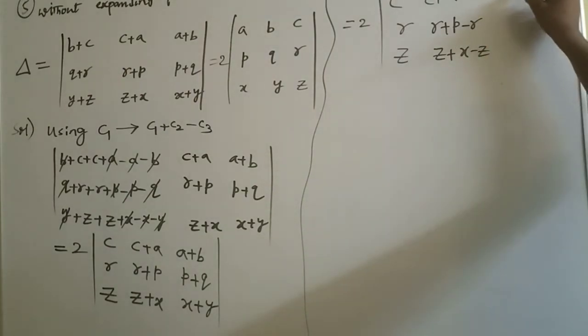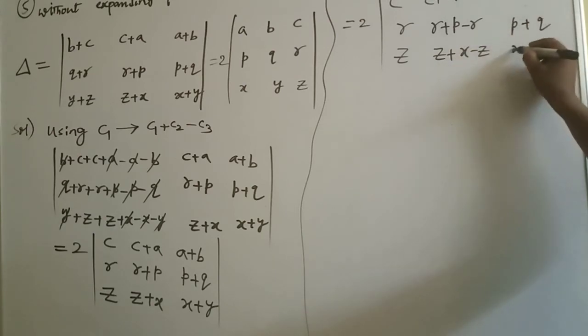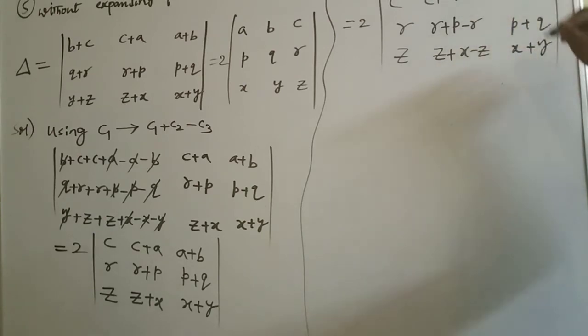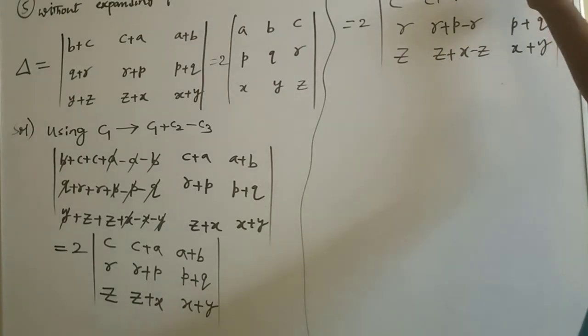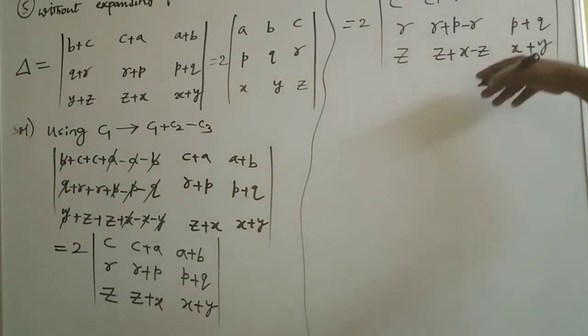Next, A plus B, P plus Q, X plus Y. You can write two operations at a time also, that means you can write C3 tends to, and complete. But I will do it one by one, okay?